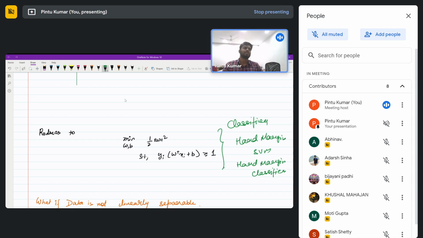But when you look at some real world data set, it's very, very rare that you will get linearly separable data points. Generally, it will happen that the data points are not linearly separable.